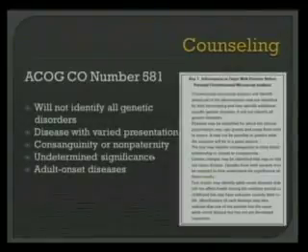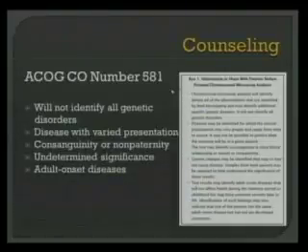ACOG actually has a committee opinion. It's number 581, the use of chromosomal microarray analysis in prenatal diagnosis. One of the best things in this committee opinion is this little box here, and it tells you specifically how to counsel your patient and what specific things should be addressed. We already talked about most of these, right? It doesn't identify all the genetic disorders.